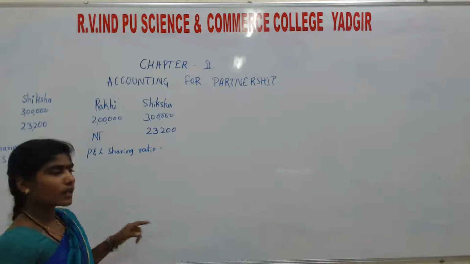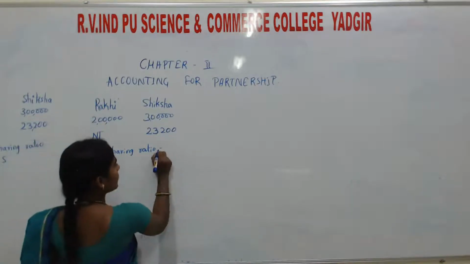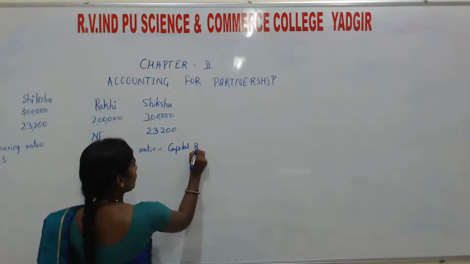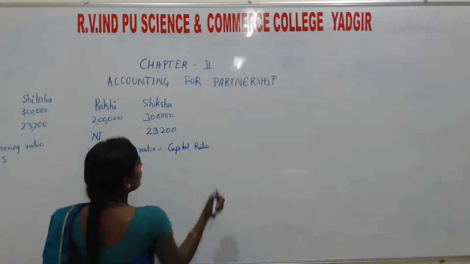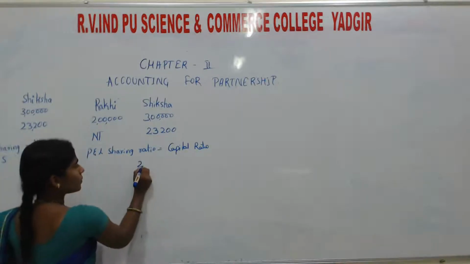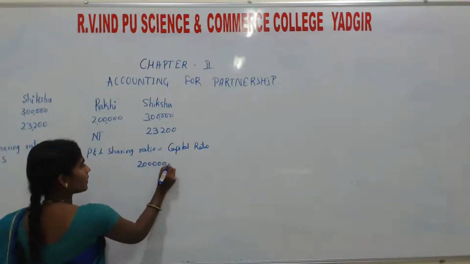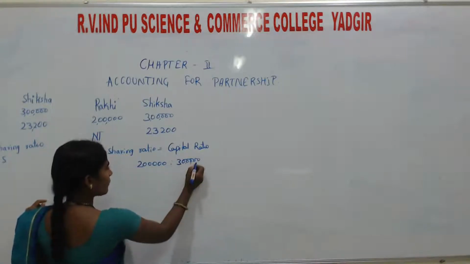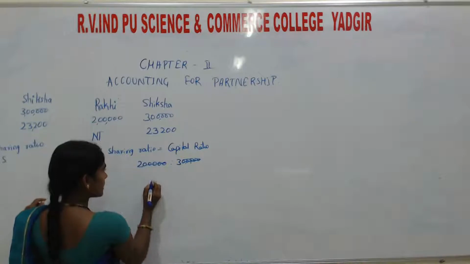Profit and loss sharing ratio is capital ratio. What are the capitals of both partners? See, 2 lakh is to 3 lakh. We are cancelling that.